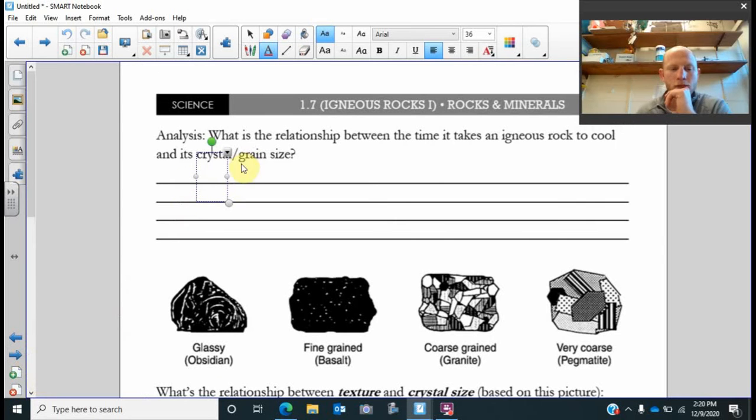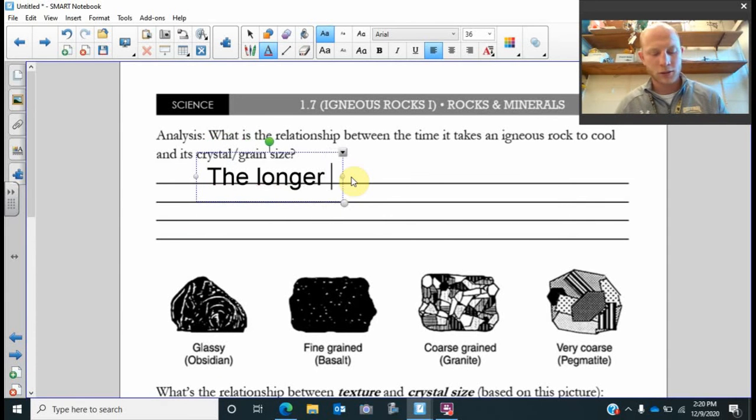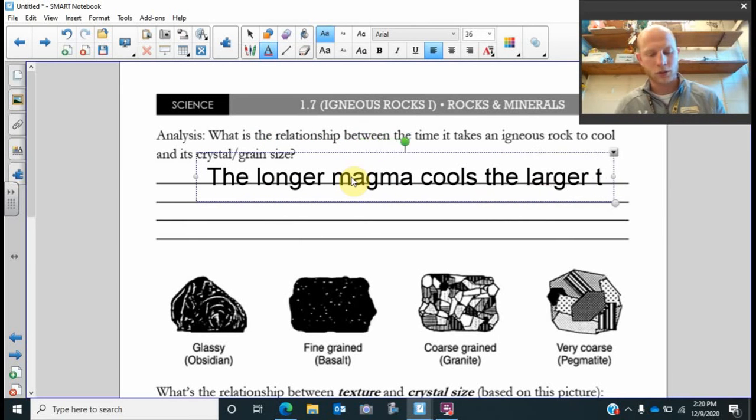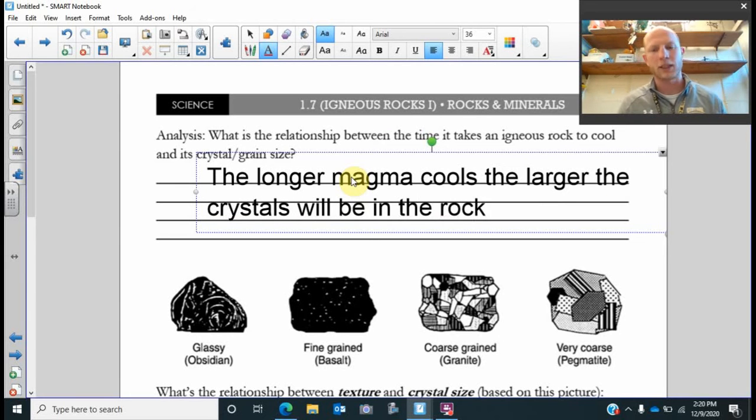So the longer magma cools, the larger the crystals will be in the igneous rock, right?